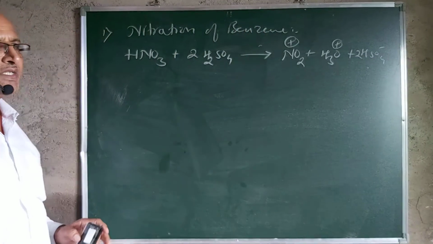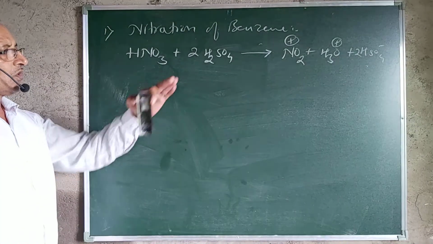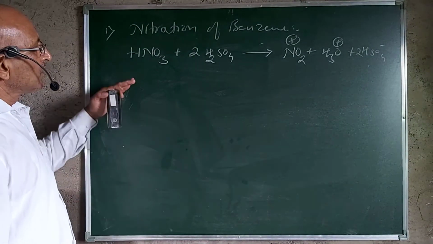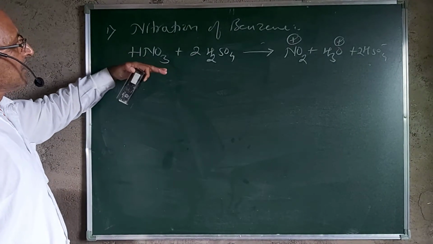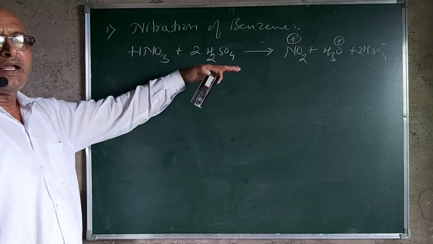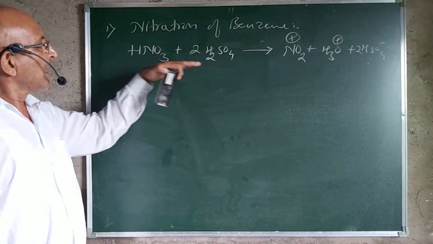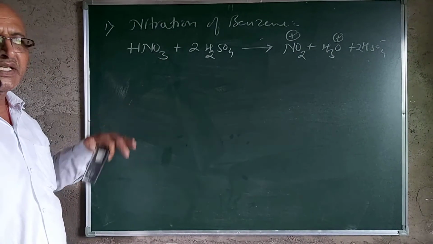Now, how this overall reaction takes place, we want to study in two steps. In this reaction, sulfuric acid acts as an acid and nitric acid acts as a base.